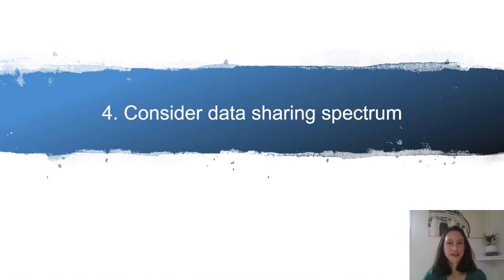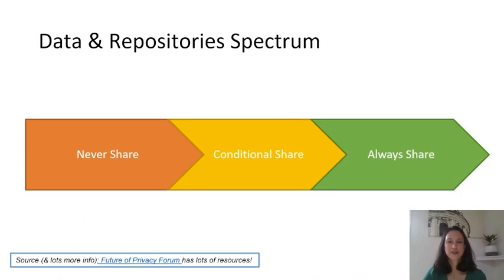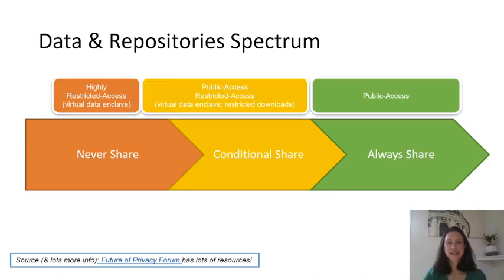Okay, point number 4, consider the data sharing spectrum. For a long time, when I was working in this space, open data was public data. That was what we were aiming for. That was what we were talking about. I feel like even in the early days of BITSS, there was such an emphasis on make it public, make it public, make it public.